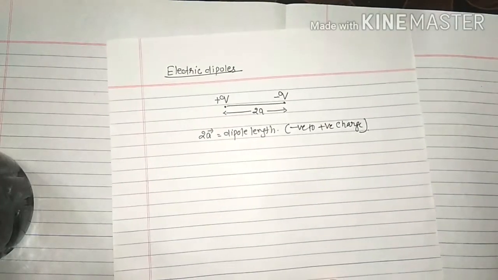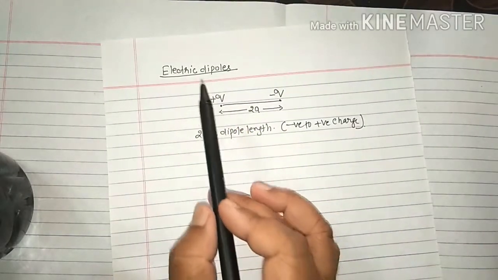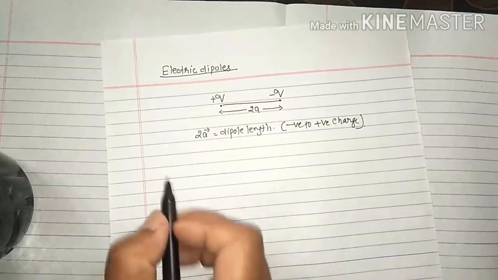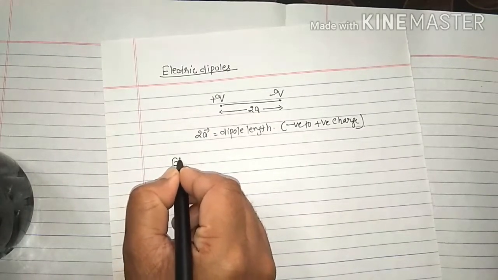And what will be the strength of this electric dipole? This can be measured in terms of dipole moment, which is known as electric dipole moment.